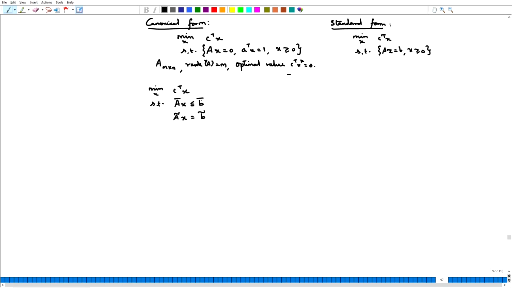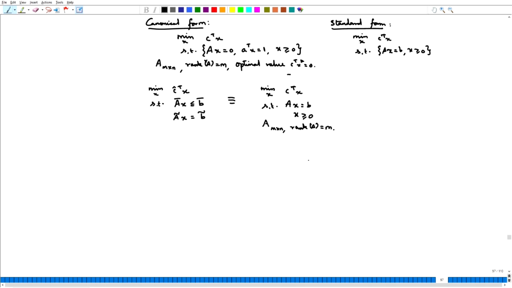You know how to convert this into standard form, where you have min C hat transpose x subject to Ax equal to b and x greater than or equal to 0, where A is an m cross n matrix with rank of A equal to m.